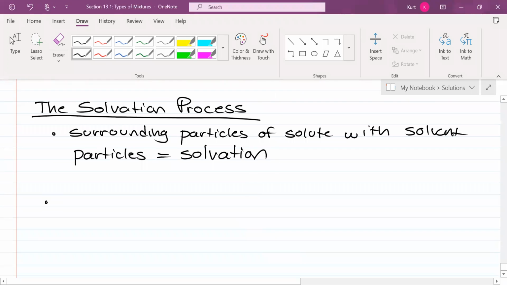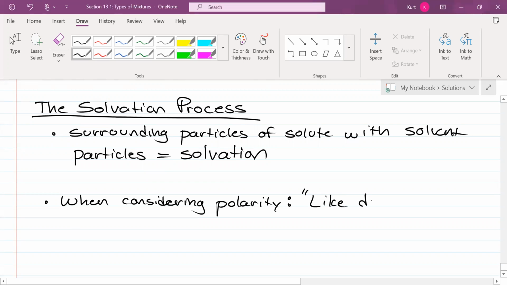Now, one thing to consider, and this is important when it comes to polarity, when considering polarity, polar and nonpolar, you must remember this. Like dissolves like. What that means is polar dissolves polar.